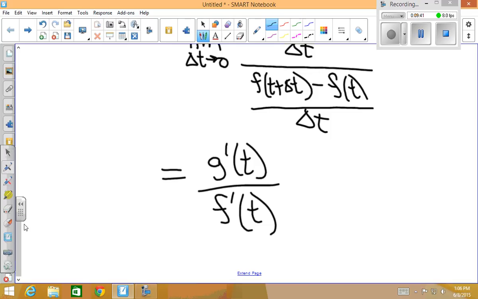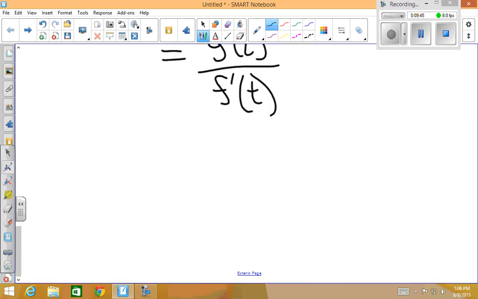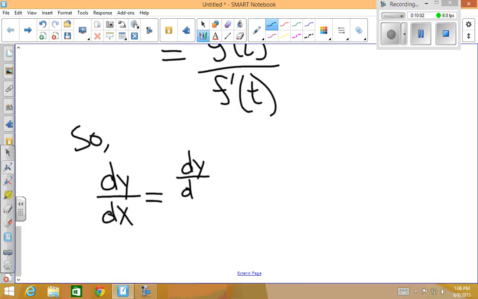So what does all this mean? If you trace back all of the equations, we have the following. The derivative of y with respect to x is equal to the derivative of y with respect to t, the parameter, divided by the derivative of x with respect to t.